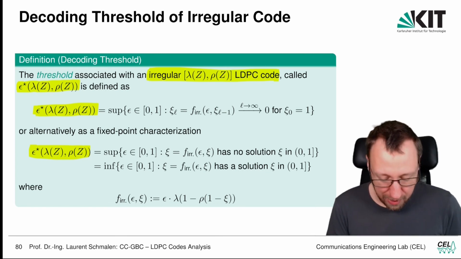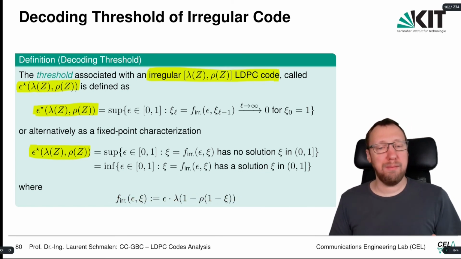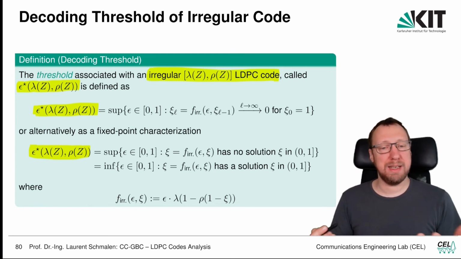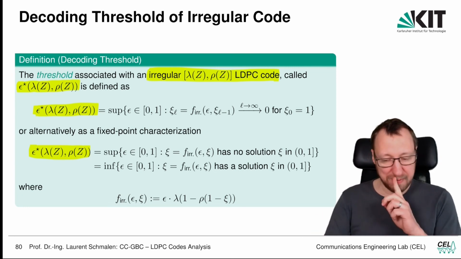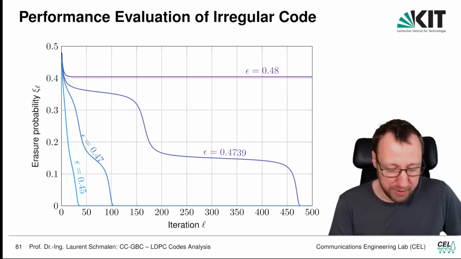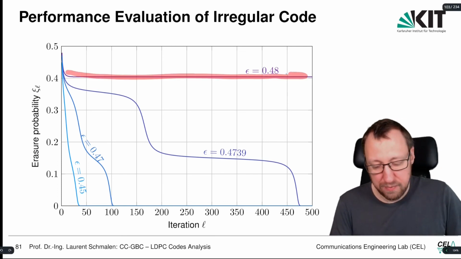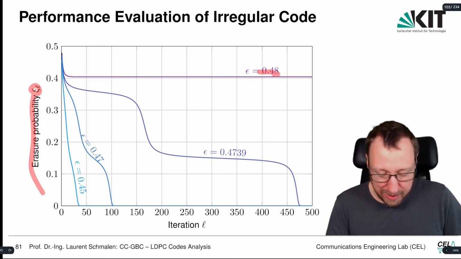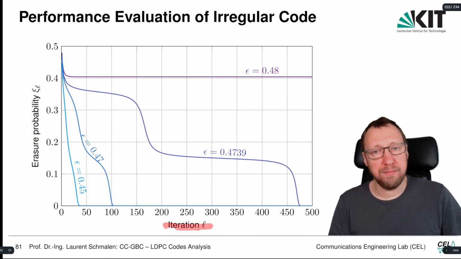And again, the update equation is epsilon times lambda of 1 minus rho of 1 minus c. So let's take a look at how this works. We have this irregular code, and we see that for 0.48, the update equation doesn't work. Here we show c_l as a function of the iteration l.